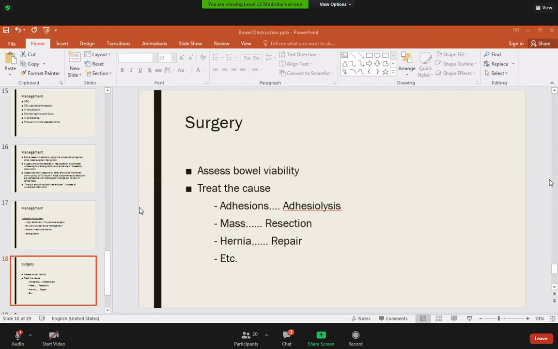And one more thing, if you are seeing the mesentery, you can palpate the mesenteric vessel, whether it is pulsating or not. These are the few things that tell you that yes, the gut is viable and you can continue. But if the features show the gut is not viable, then you have to resect that segment. Otherwise, it will perforate. If you put it inside like this and close the abdomen, the patient will present again with acute perforation.